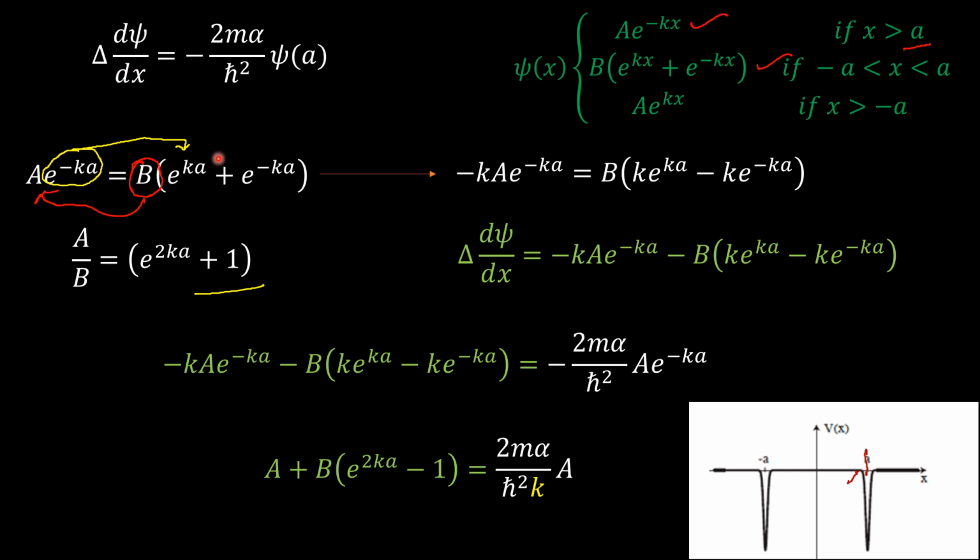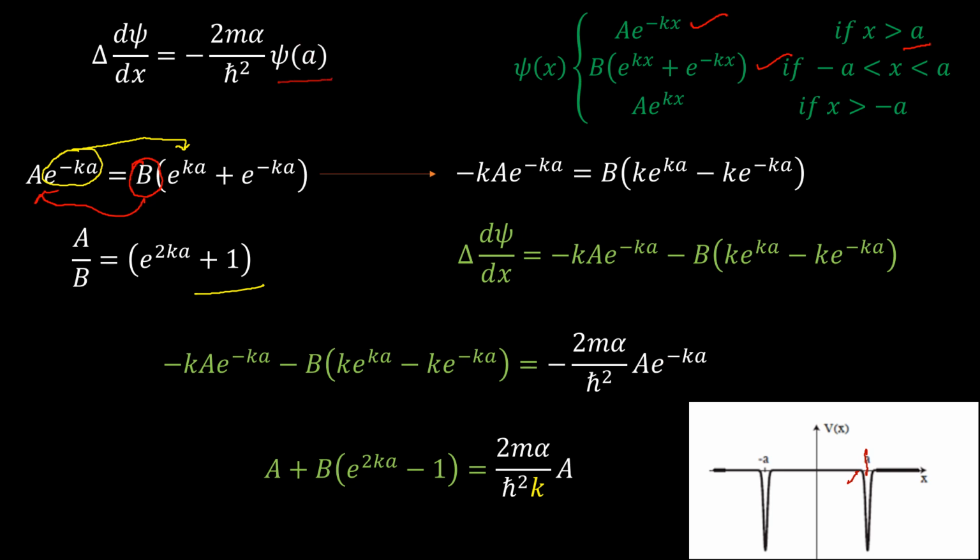So left hand side is delta partial derivative of the wave function, which I am going to replace by this right hand side, that is a green color bond, this one. Then the right hand side I have minus 2m alpha over h cross squared a e power here psi of a.